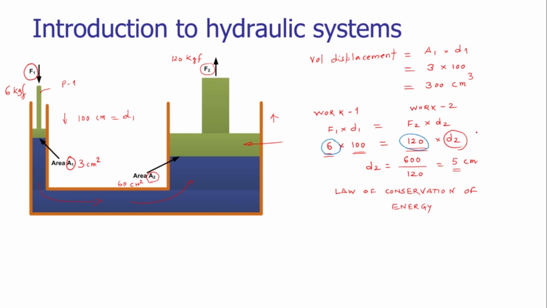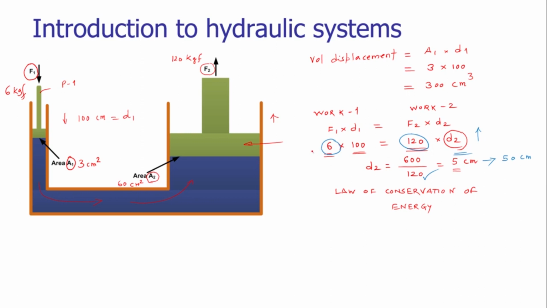To have the desired high level of displacement, for example, we are expecting to increase the 5 centimeters to 50 centimeters. That means to generate a displacement of 120 kgf of force from 5 centimeters to 50 centimeters, in that proportion we have to apply the input energy.